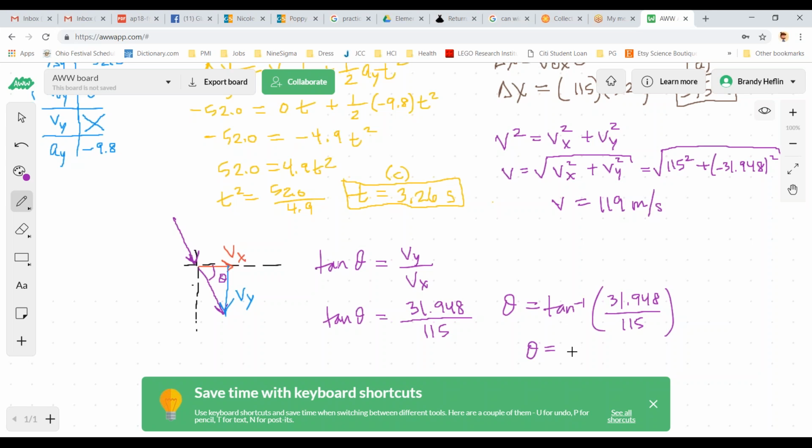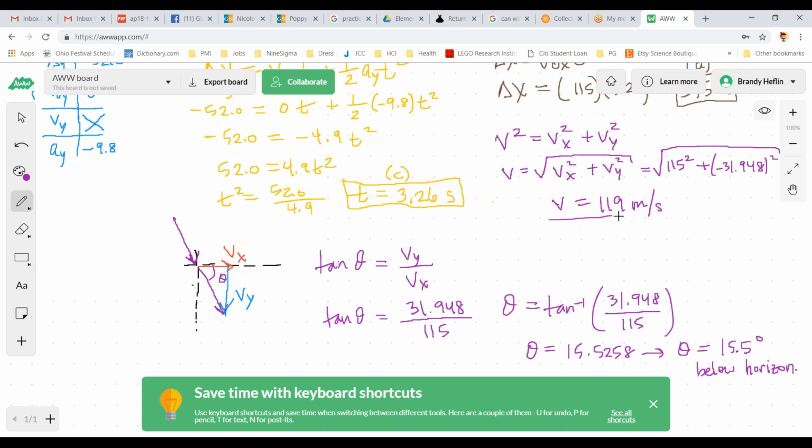Okay, so I got 15.5258, which we will, with 3 significant figures, call it 15.5 degrees below the horizontal, and I'm going to run out of space for that.